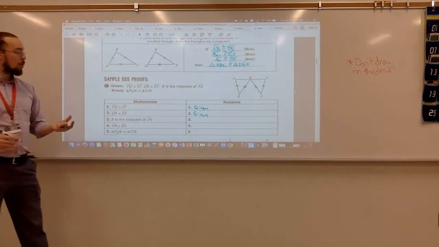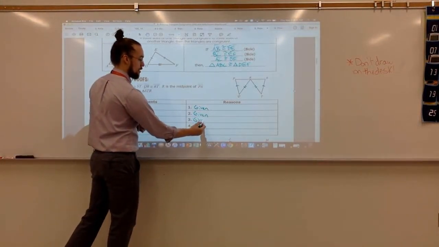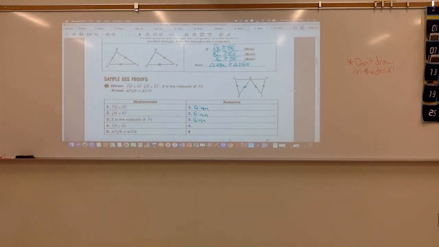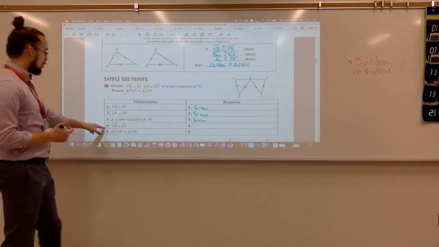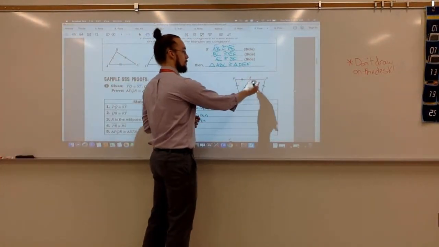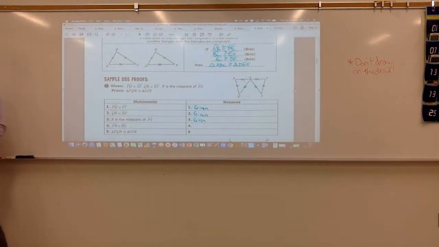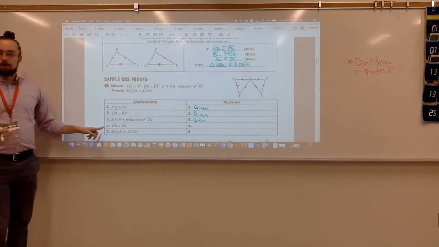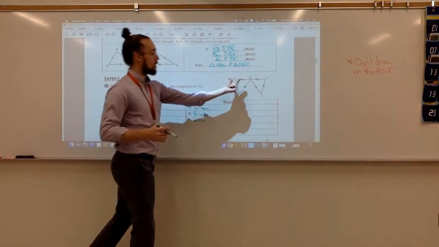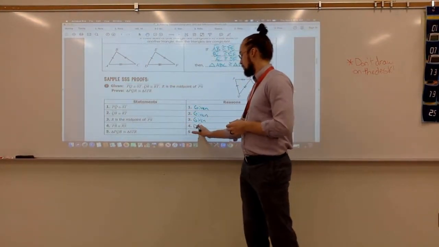And then I'm given that R is the midpoint of PS. Now, that doesn't directly tell me about anything on the diagram, but then they claim that PR has to be congruent to RS. If I know R is the midpoint, why? It's the definition of midpoint. Okay? If I know that R is the midpoint of PS, then I can claim that these two halves of that segment are congruent by the definition of midpoint.